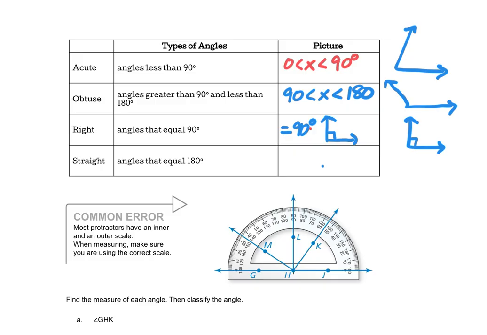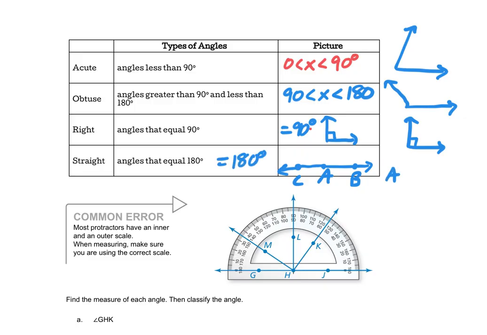A straight angle. Remember, a straight angle is similar to a straight line. And that's exactly what it is. So it's two opposite rays going in opposite directions. So maybe this is A, and this is B, and this is C. And what I would say here is, first of all, it has to equal 180 degrees.